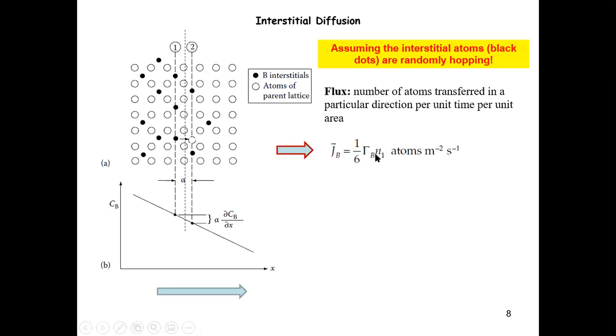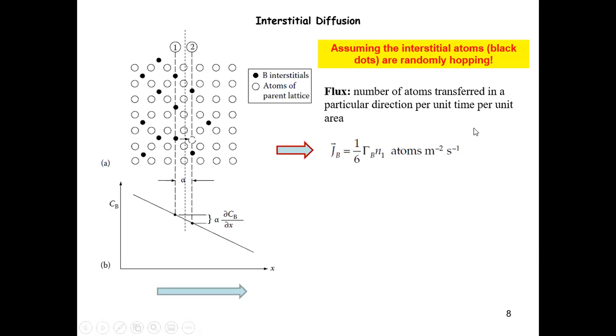The hopping rate is given in terms of number of hops per unit time. And the factor 1/6 takes into account that you have 6 possible directions you can go in the cubic system, and we only choose one particular direction. So this is the flux of atoms hopping from plane 1 to plane 2 per unit time, per unit area.